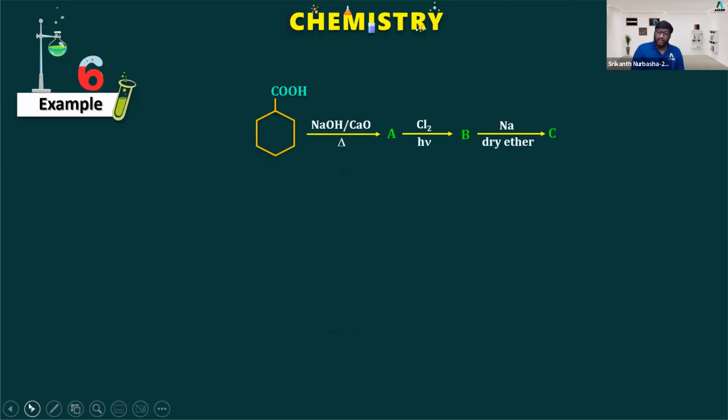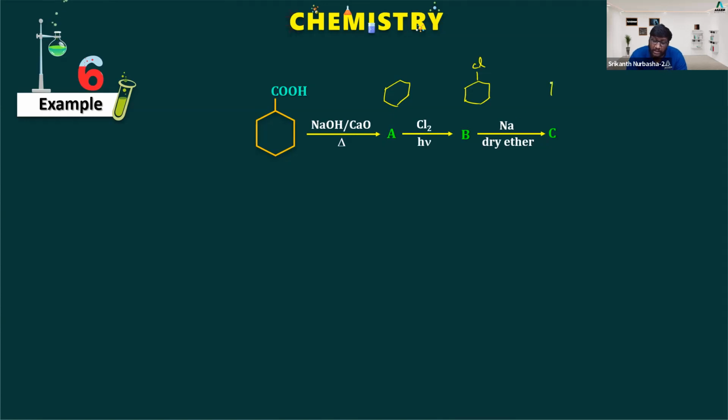What are compounds A, B, and C? What is compound A? A is going to be cyclohexane, because we are doing decarboxylation. B: cyclohexane reacted with Cl2 in the presence of hν. Only one type of hydrogen is there, so we are restricting to monohalogenation.